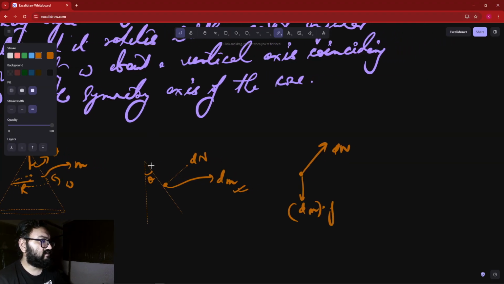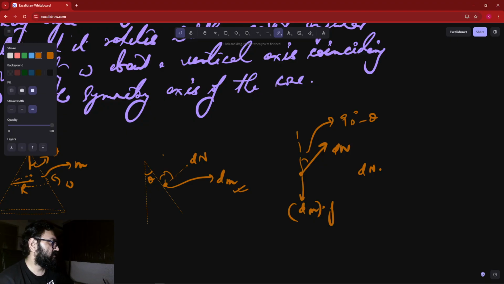So if this angle is theta, this angle is going to be 90 degrees minus theta, sorry, my bad. So the vertical component of dN is going to be dN times sine of theta.